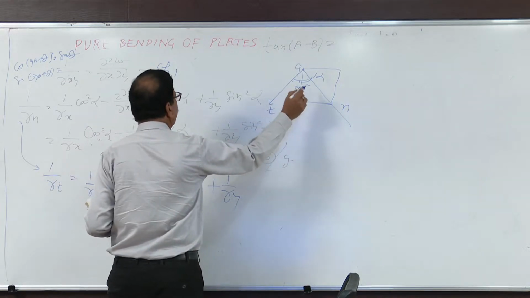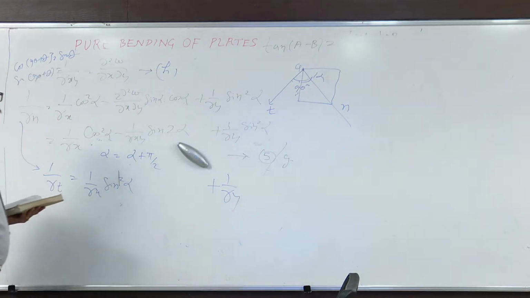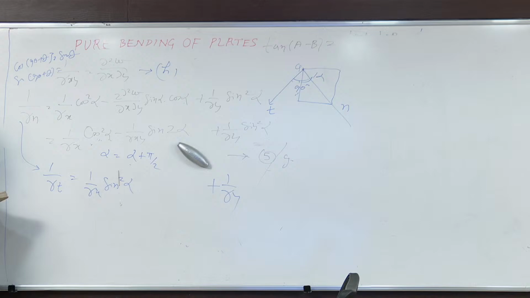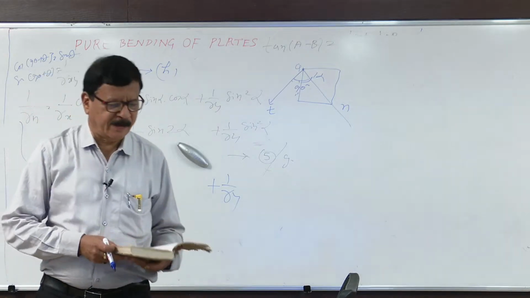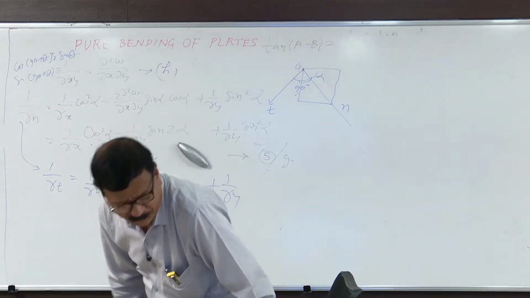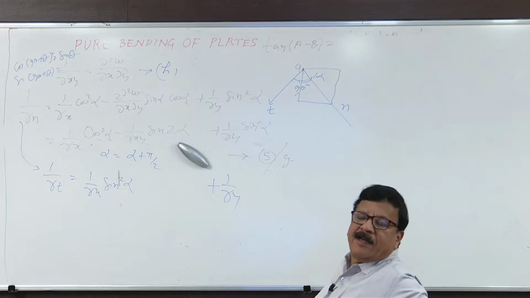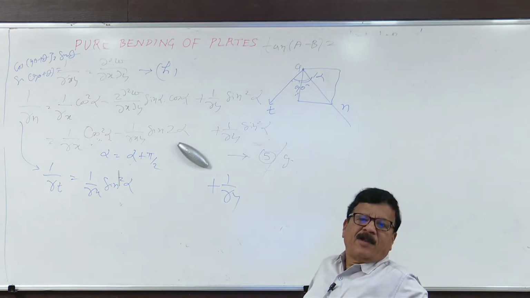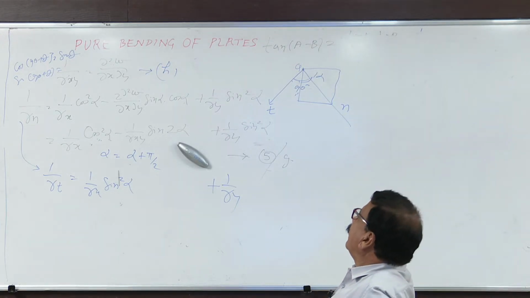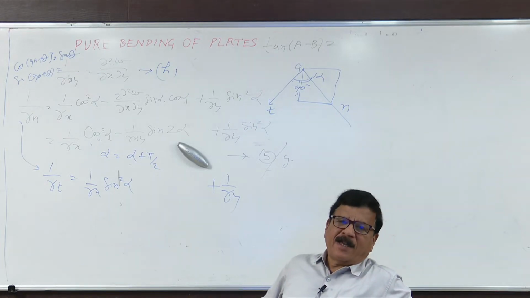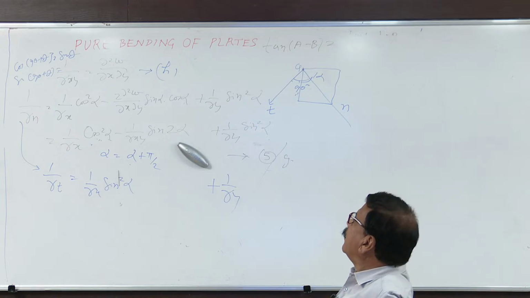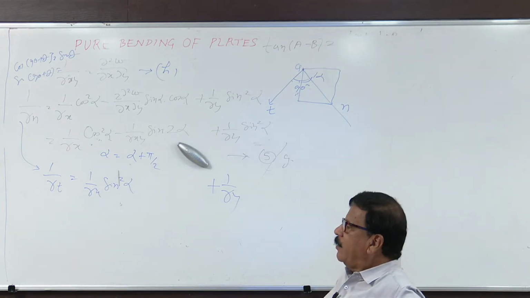Perpendicular. रणबीर सिंह जी, आर यू देयर? ट्रिग्नोमेट्री के फार्मूले cos 90 plus theta, sin 90 plus theta. What are the values?